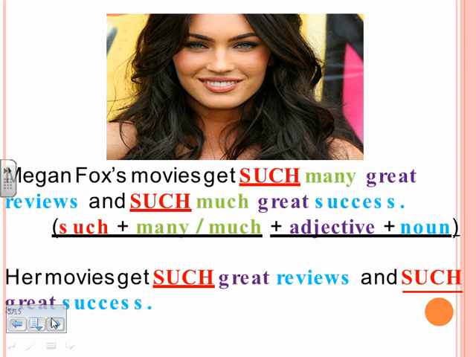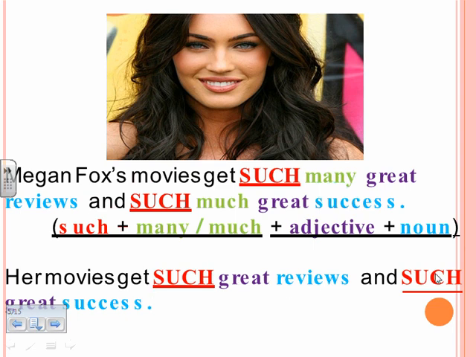If we have a plural, like here we have reviews, so reviews are plural, right? So we don't put any a or an. We just say her movies get such great reviews. We don't put a or an.